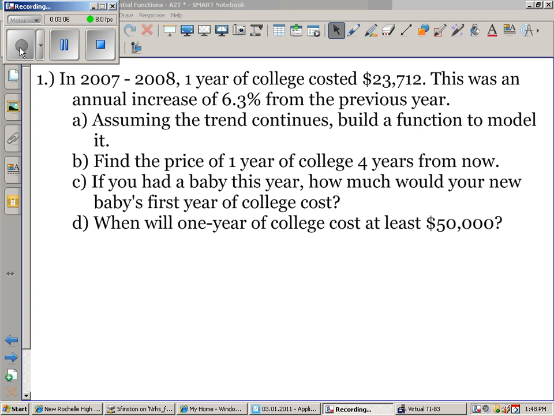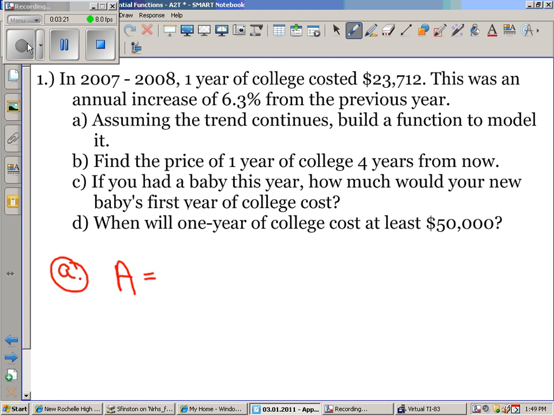So here we go. A. Okay, so we're going to use the model that I showed you on the other board. What's the formula that helps us make a prediction for the future? Could you fill it out for me? A equals, what's our principal, our starting amount in this particular case? Okay.